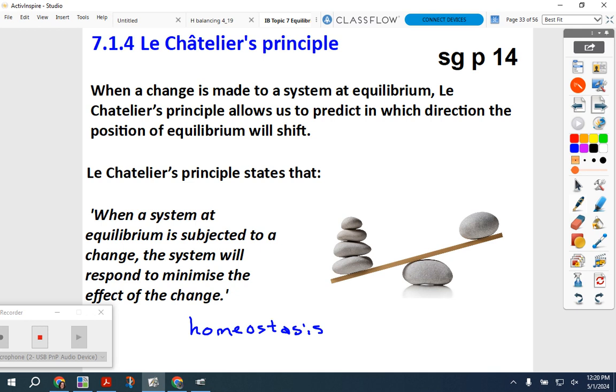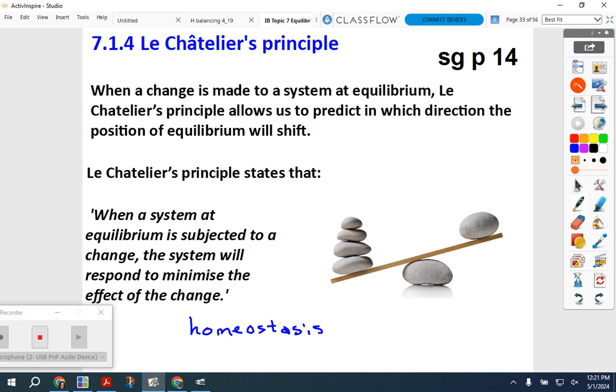So our pH levels in our blood also have to be at a certain level. There's lots of other things about our bodies that are kept within a certain level, and if it goes up, then the body works to push it back down. If it goes down too low, the body works to push it back up. Sort of like your thermostat at home: if it gets too hot, the AC clicks on and takes you back to your set point.